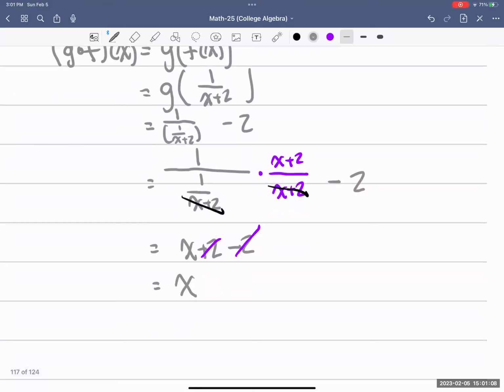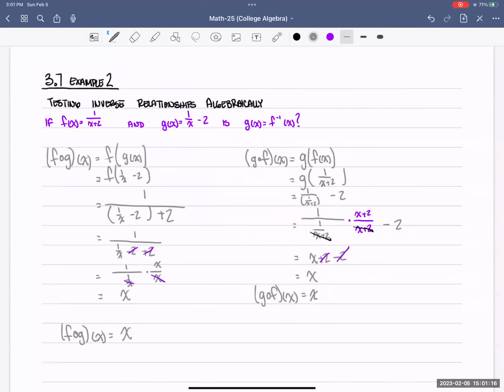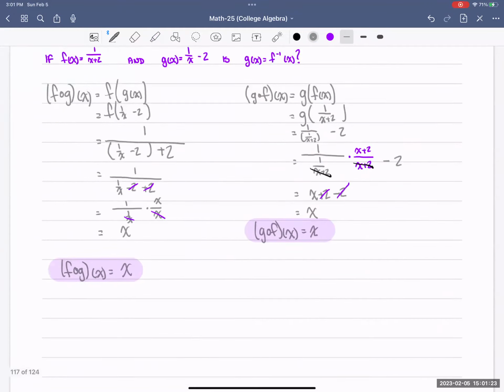So this tells us that g of f of x is equal to x. Since both of these are equal to each other, we have inverses of each other.